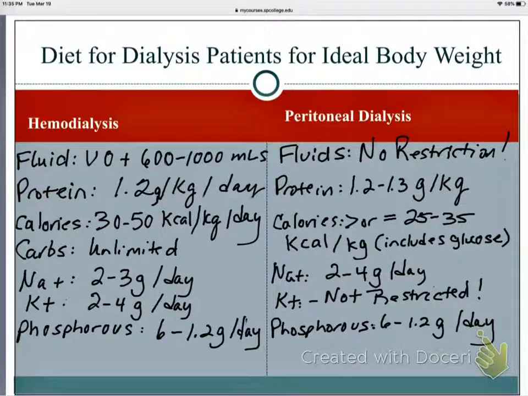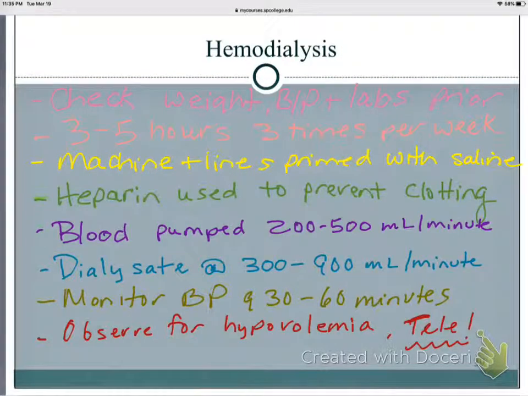Okay, is that too fast, or you guys need me to go back? Yeah? Sorry. So just know the biggest complication, hypovolemia, right?